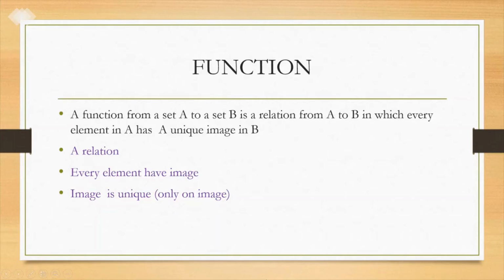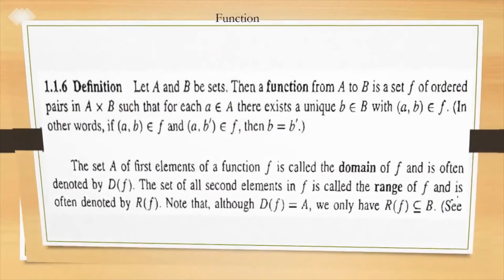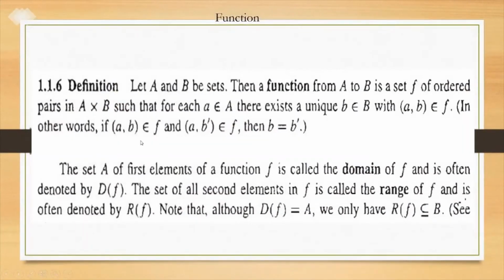Okay. More mathematically, as a definition, we can say: let A and B be sets, then a function from A to B is a set F of ordered pairs in A cross B, such that for each a in A, there exists a unique b in B with the ordered pair (a, b) belonging to F. So what does it say?